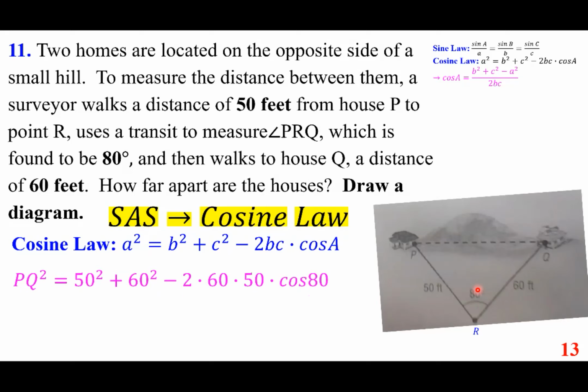Which means now you just plug it into a calculator. You come up with PQ squared. You take a root, and PQ, the distance between the two, is about 71.12 feet. 71.12 feet, the distance between the two houses.